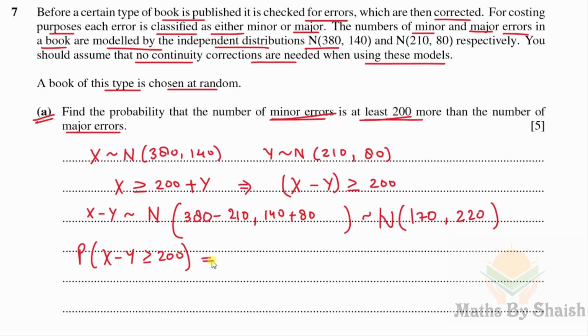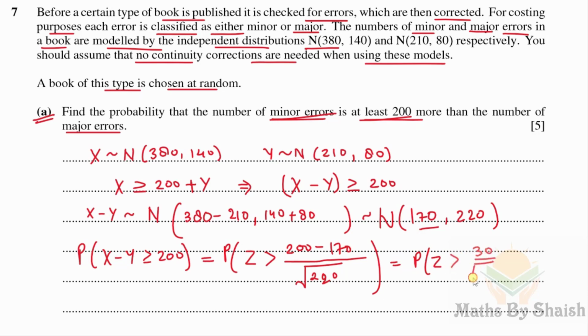Now it is given that the continuity correction is not required, so we write the standard normal distribution probability as greater than or equal to, or we can write greater than, that is completely fine because it's a continuous distribution. So it is 200 minus mu, which is 170, over sigma, the square root of the variance, root 220. Now it is probability of z greater than 30 over root 220.